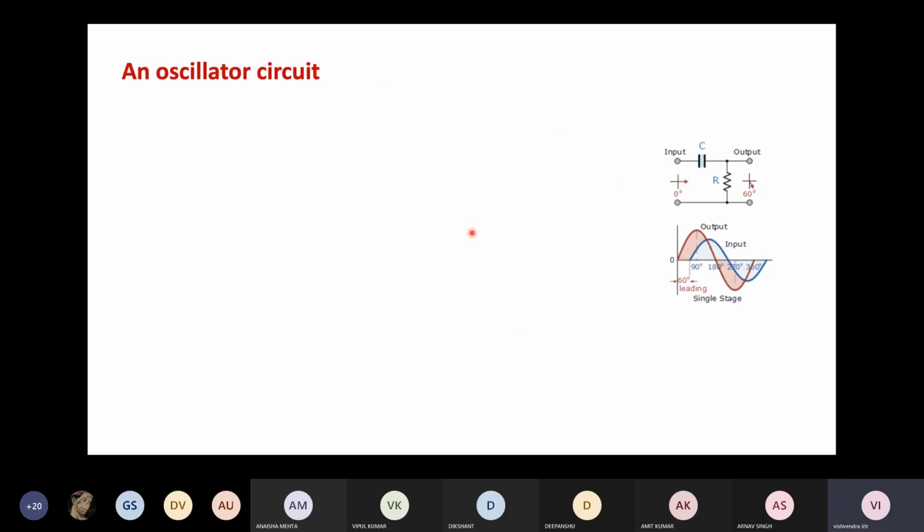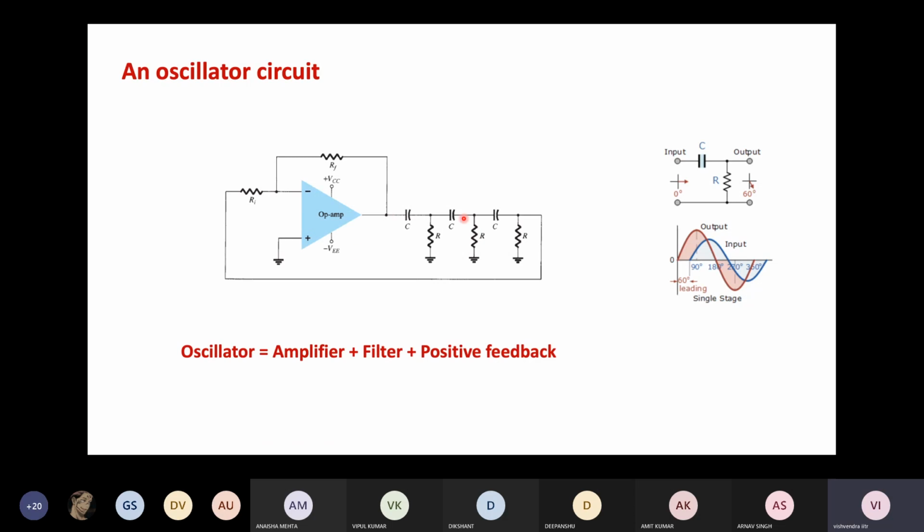So now with this knowledge, let me say that this circuit is an oscillator circuit. This is an oscillator. But how does this circuit act like an oscillator? This part of the circuit, this shaded part, what is it? Can anybody tell? Amplifier. Inverting amplifier. You're right, it is an inverting amplifier.